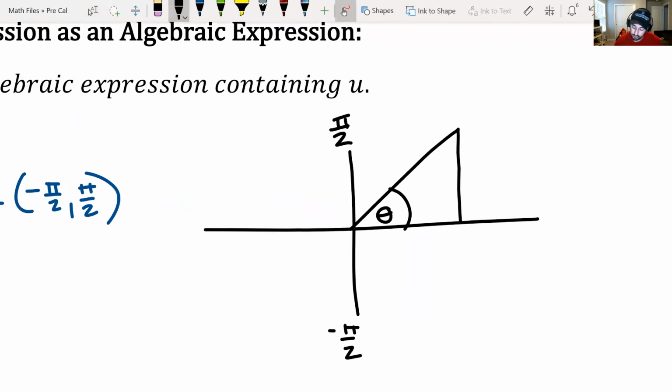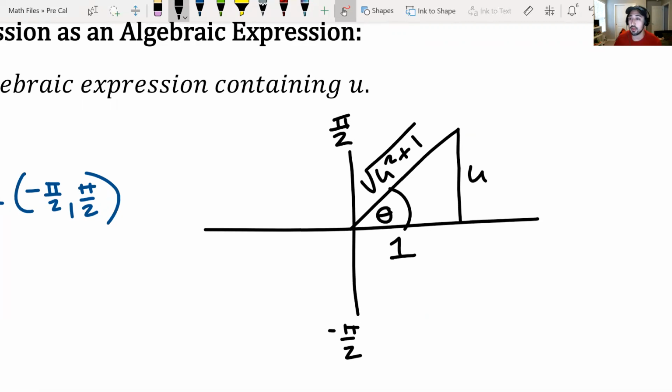So now we know how to label my triangle. The height will be u, the base will be 1, and by Pythagorean theorem, we should get the square root of u squared plus 1.